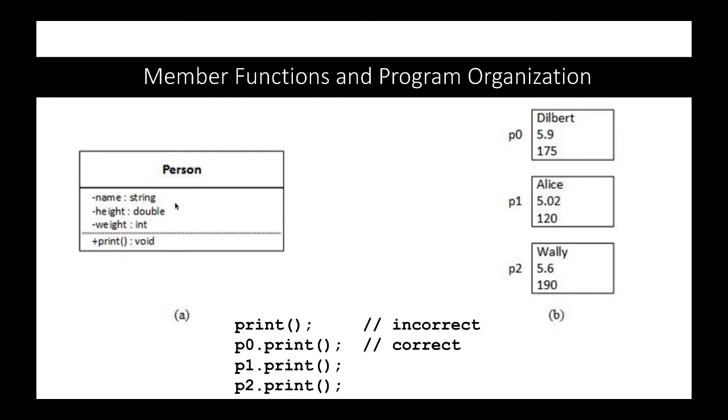As long as that function belongs to that person class, it will have access to the private member variables of that class. If you were to bring this function outside of the class, it would then no longer have access to these variables. And that is kind of the essence of encapsulation of object-oriented programming.